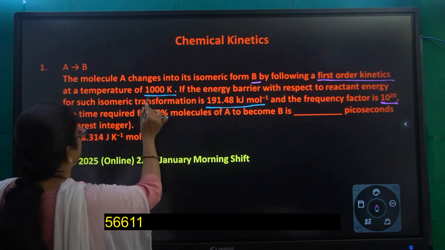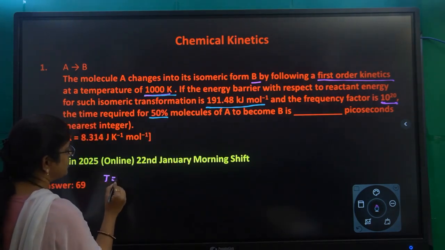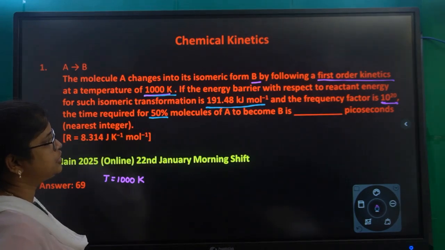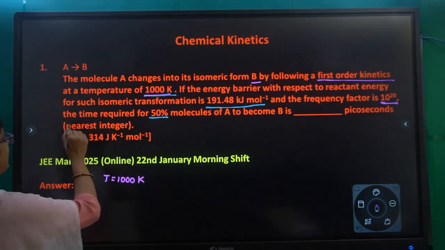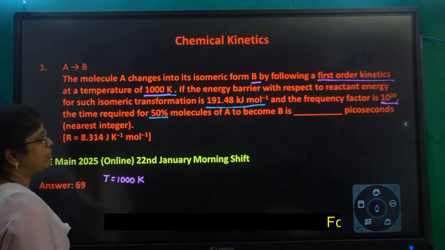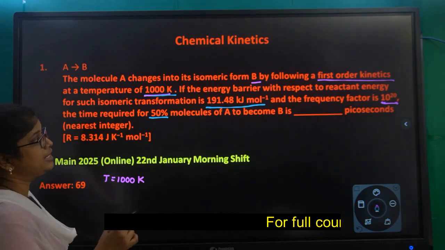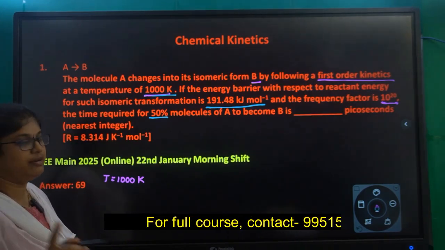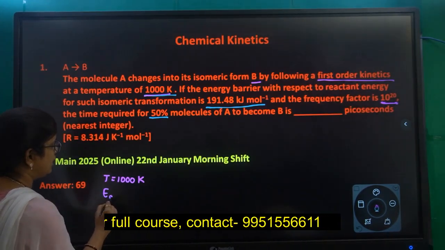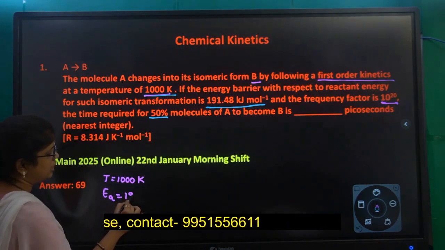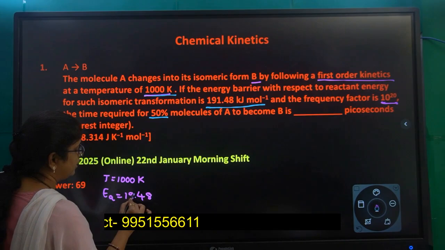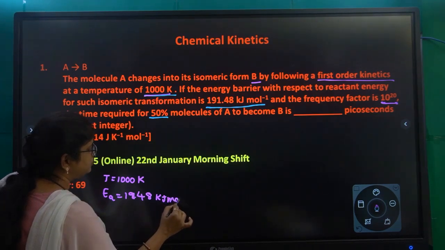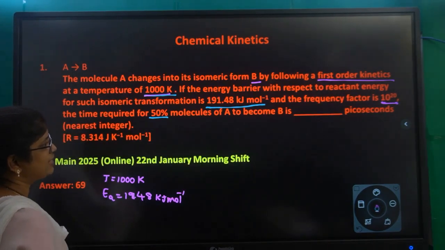Temperature is 1000 K. The energy barrier with respect to reactant energy means he has given activation energy, so EA is 191.48 kilojoules per mole.